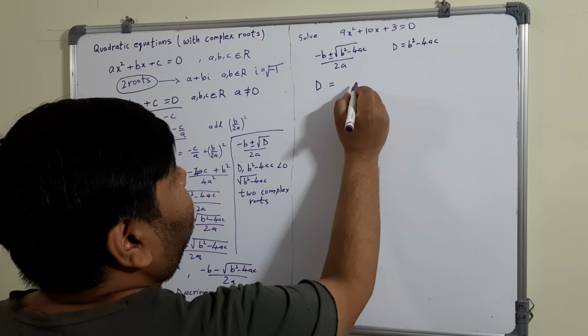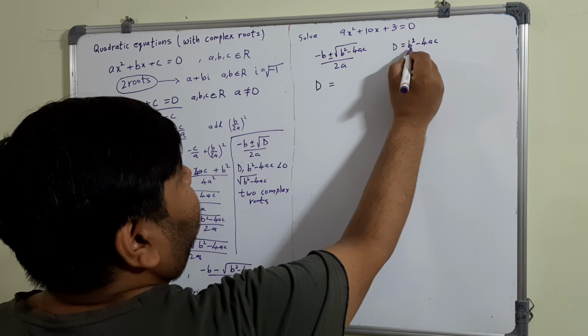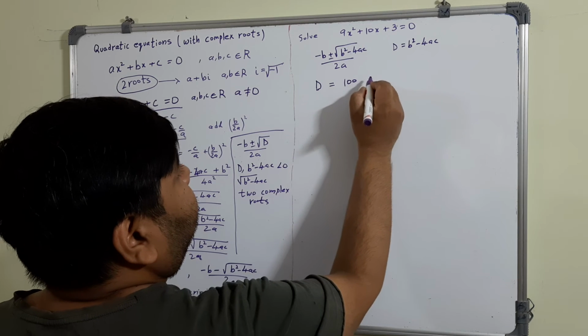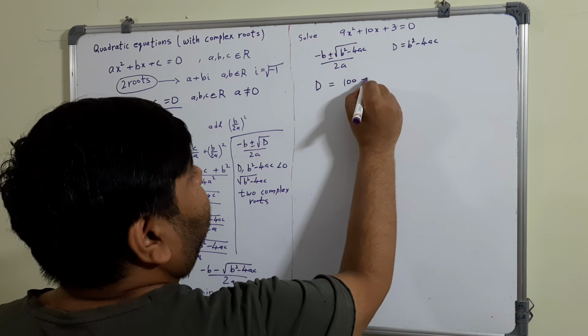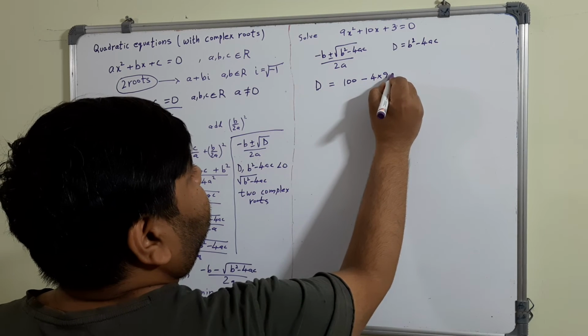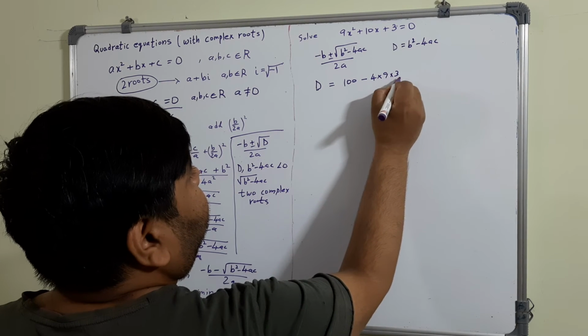The discriminant: b is 10, b square is 100, and minus 4ac, where a is 9 and c is 3.